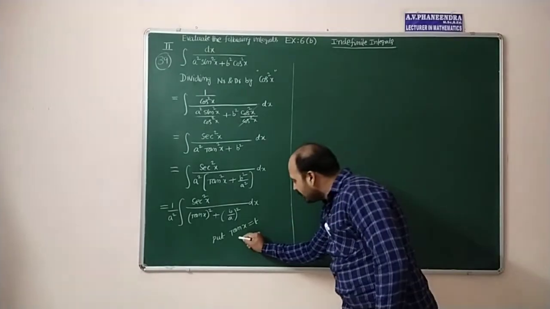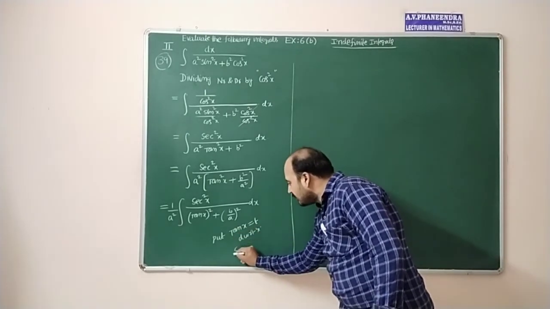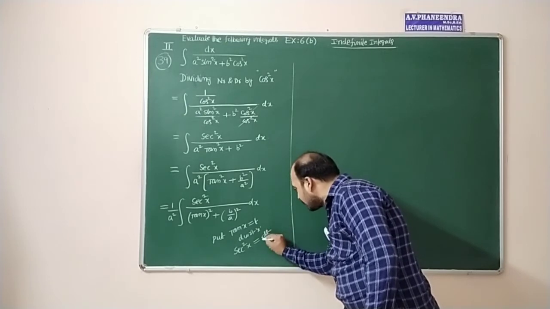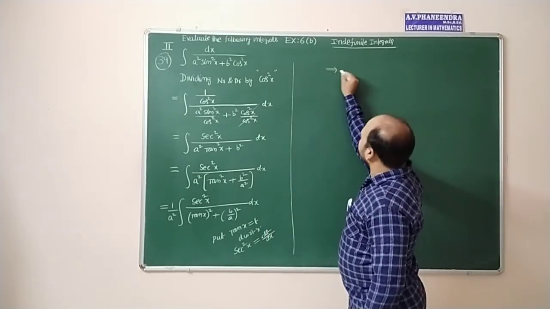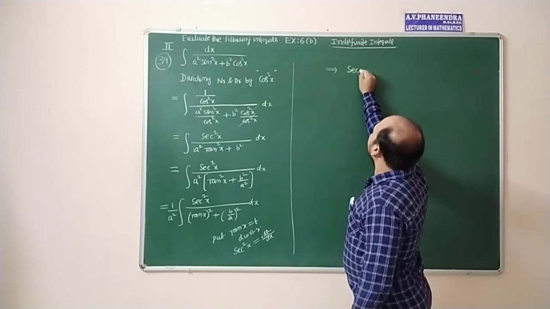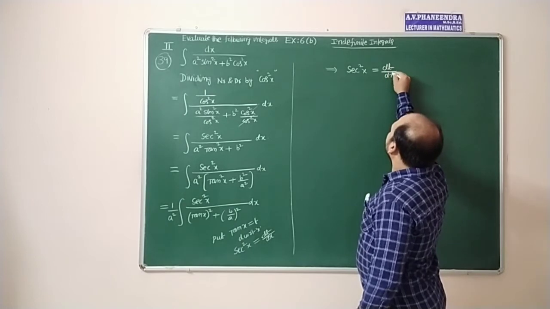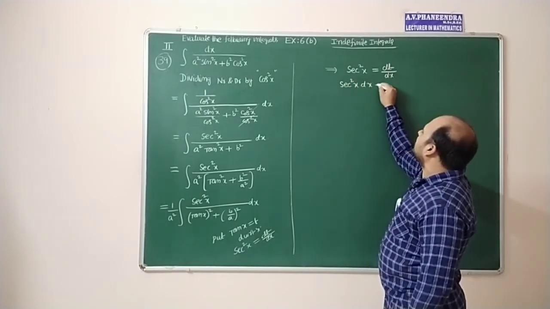So differentiate with respect to x. Tan x derivative is secant square x is equal to dt by dx. Cross multiply, it will become secant square x dx is equal to dt.